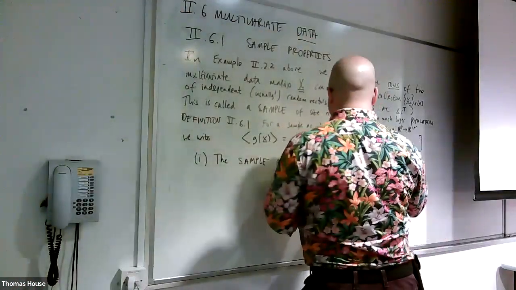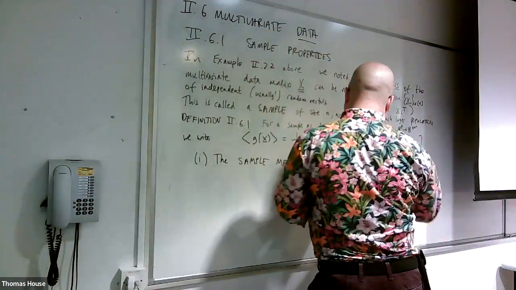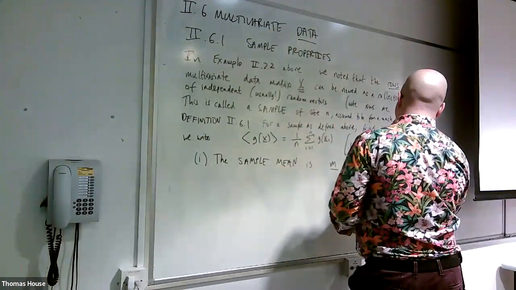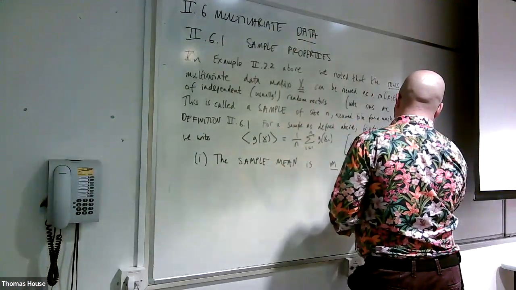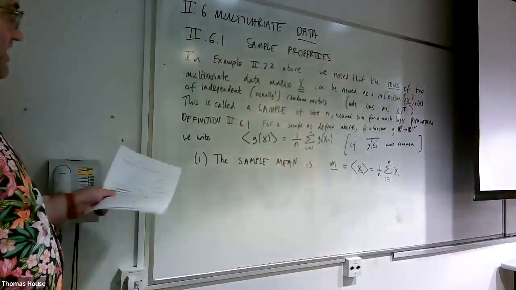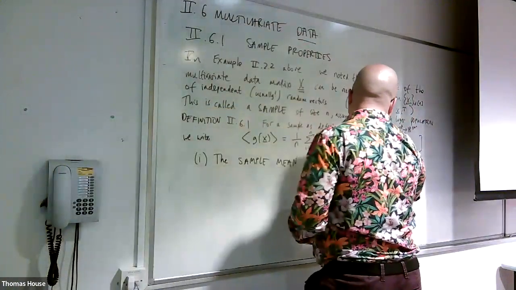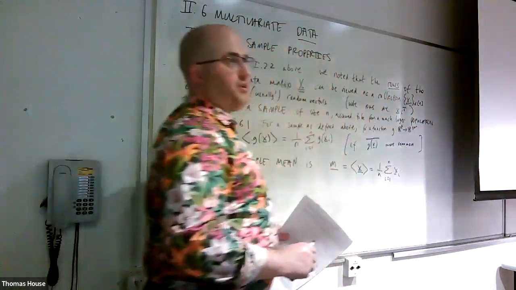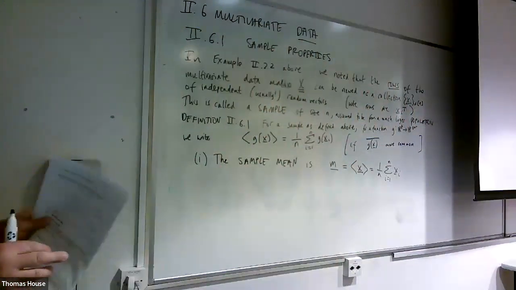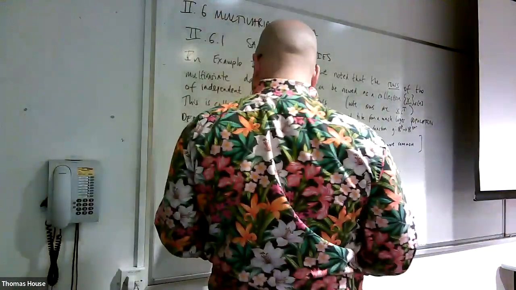So this sample mean is just the average of the x's, so that's 1 over n, the sum from i equals 1 to n of x_i. We've learned how to sum vectors and divide them by n. Each of these is a random vector, so this is still a random property, right? So the sample mean can have an expectation as well. That's one of the things we're going to work out.